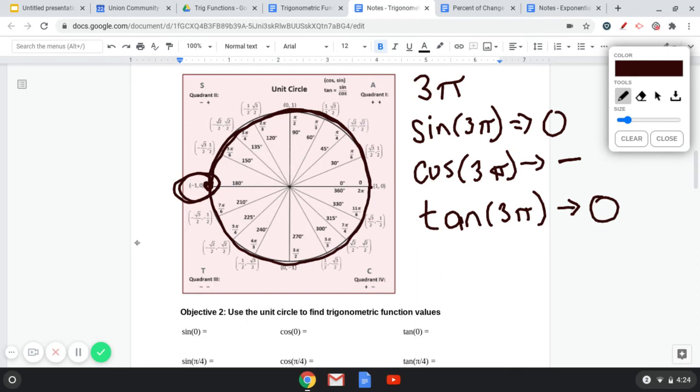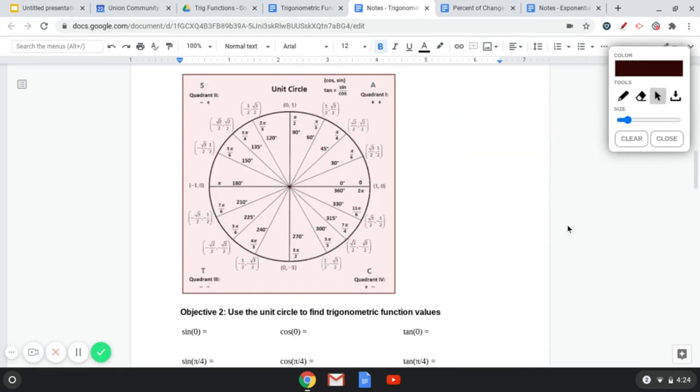So the key here is knowing that this is like a coordinate plane. Your x and your y correspond to cosine and sine, respectively. And just knowing that we're in the coordinate plane, all of these radii are 1, and that the center of the circle is like the origin. Also, that tangent equals sine over cosine. That is very important as well.